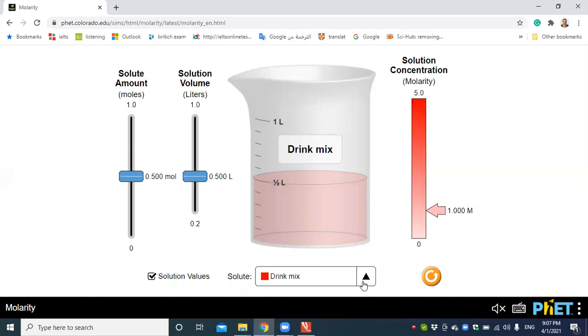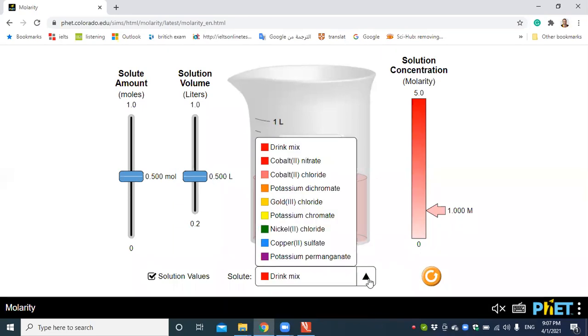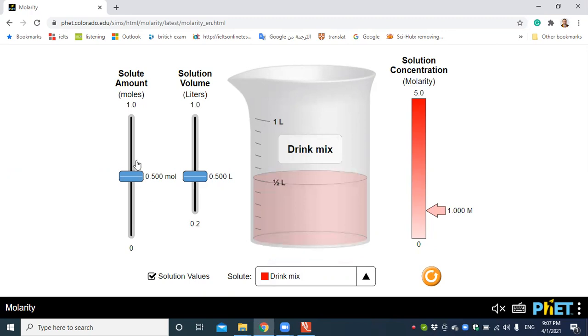So now we have different substances. I can choose, for example, cobalt nitrate, cobalt chloride, potassium dichromate, potassium chromate, nickel chloride, copper, potassium, etc. Now I will put 1 mole, look here, it's 1 mole of solute, and the volume 0.2 liters, again the same as decimeter cube.